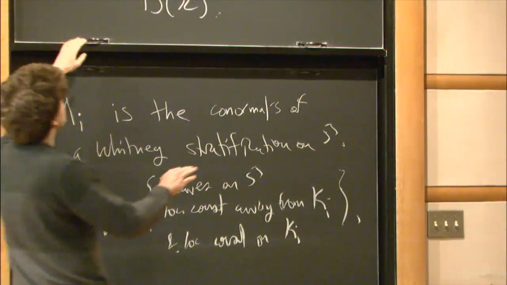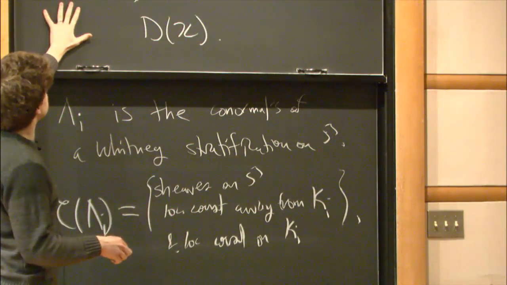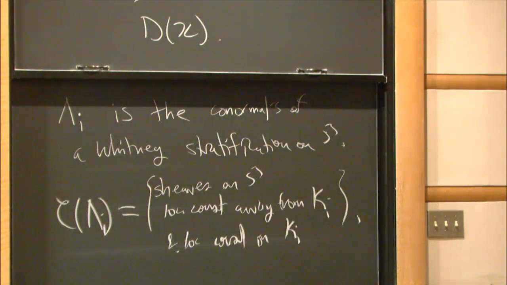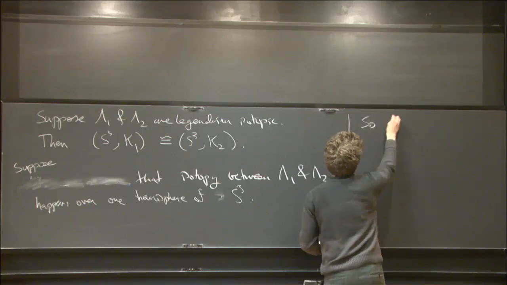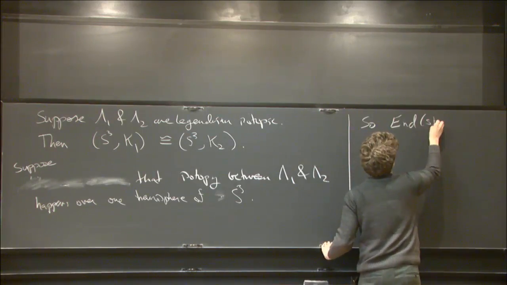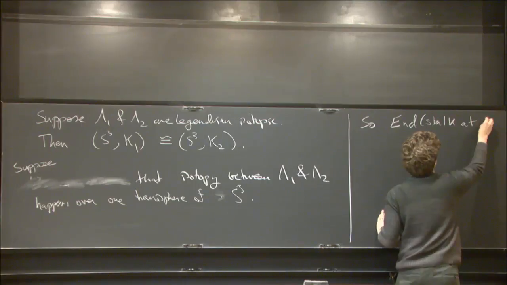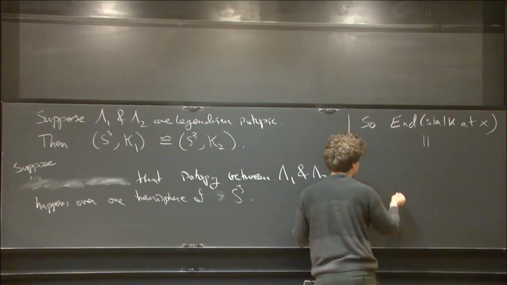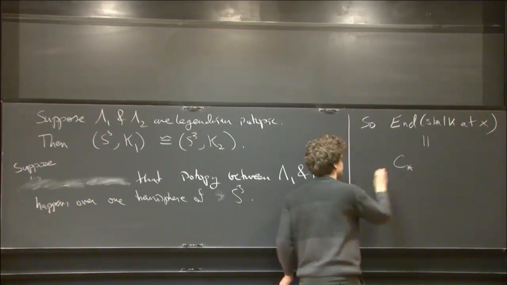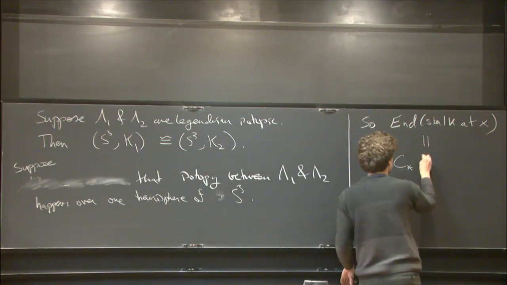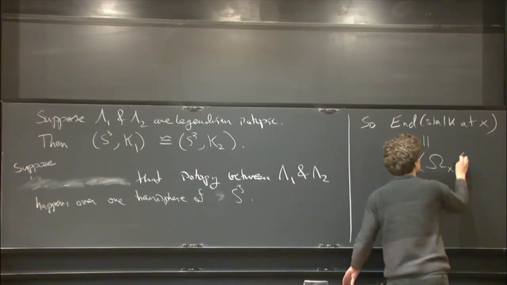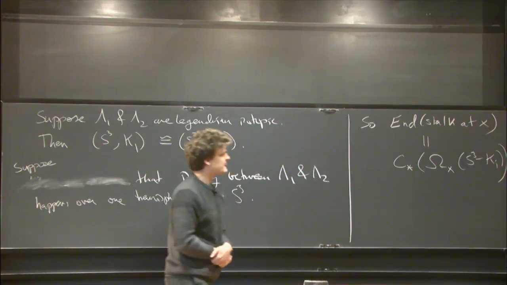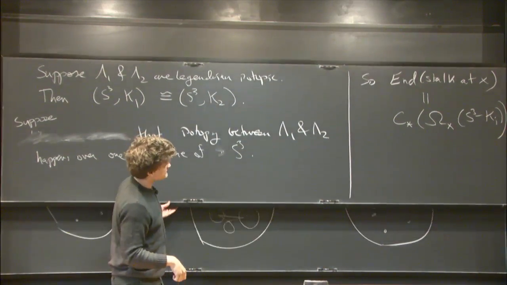The endomorphism group of that stalk functor at X is going to be, in the language of last time, the chain algebra on the loop space of the complement of the knot based at that base point.